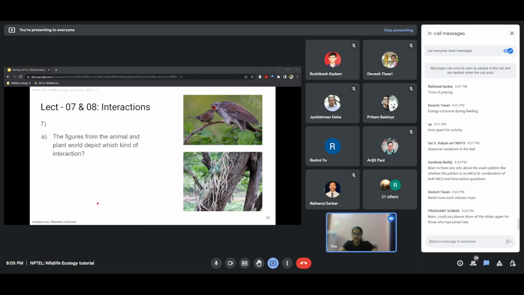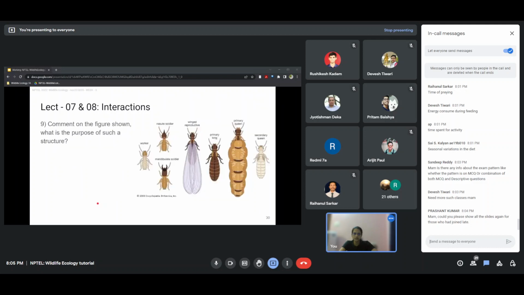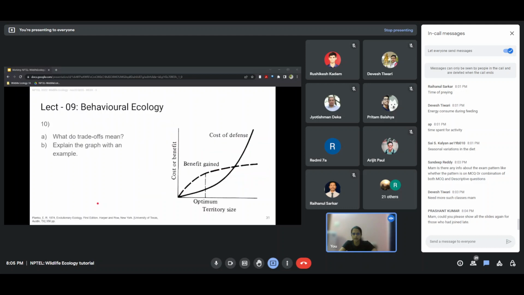Another interaction question. Again, parasitism, interaction, invasive species and how they affect the ecosystem, social hierarchy, termites, trade offs between any kind of activity that is performed by an organism, cost benefit trade offs.